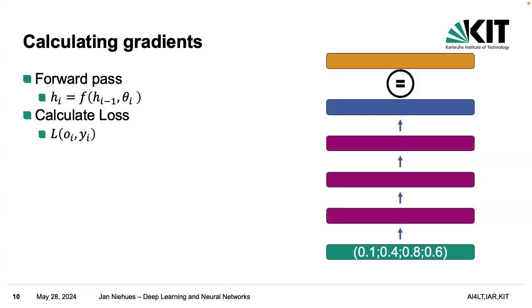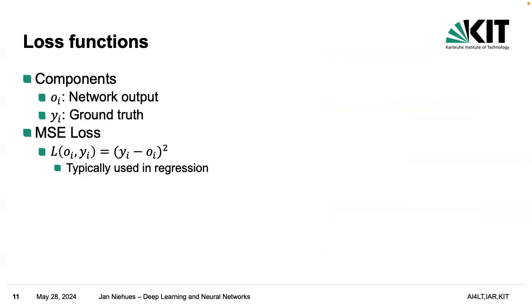The most typical one, or the first one for feed forward networks, is what is referred to as the mean square error loss, where we're doing exactly what the name says. We're calculating the mean square error between our network output O and our ground truth Y. You do that directly if these are both single values.